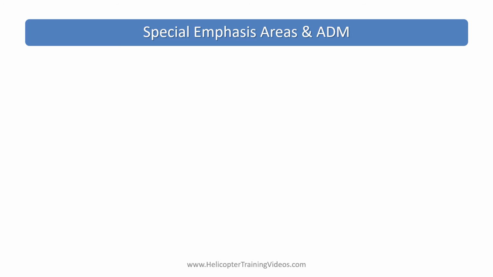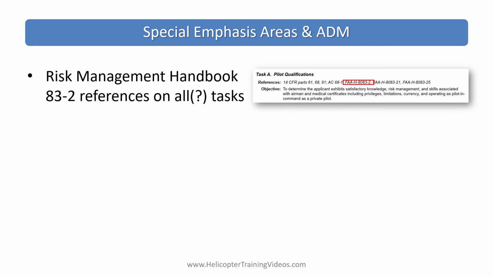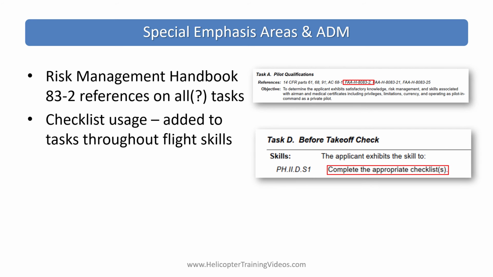Now, special emphasis areas in ADM, the other thing I want to talk about is that the Risk Management Handbook, which is the 8083-2, is referenced pretty much, I think, on all tasks, which kind of makes sense because all tasks now have a risk management section in them.